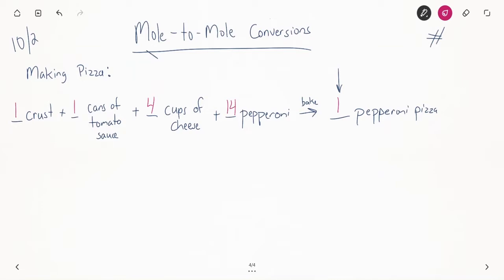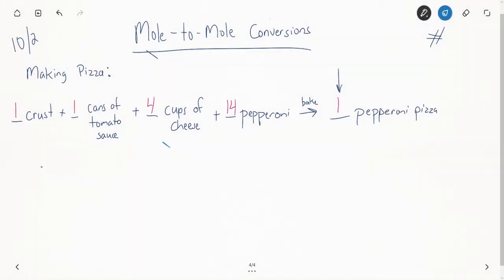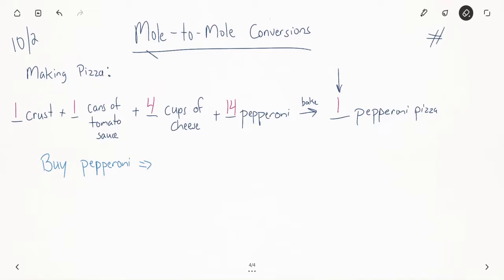What we want to figure out is how much of these things we may need when we go to purchase them or actually make this real pizza. When I go to the grocery store, I need to buy some pepperoni because I'm going to make pepperoni pizza. I'm going to have a giant party with lots of pizzas for everybody, and I don't want to spend a whole lot of money, so I'm going to buy relatively inexpensive pepperoni.